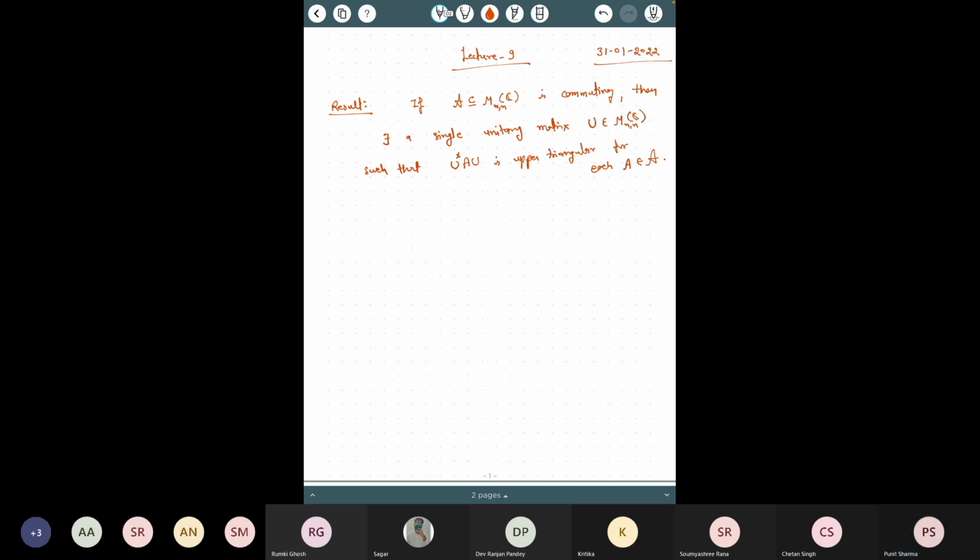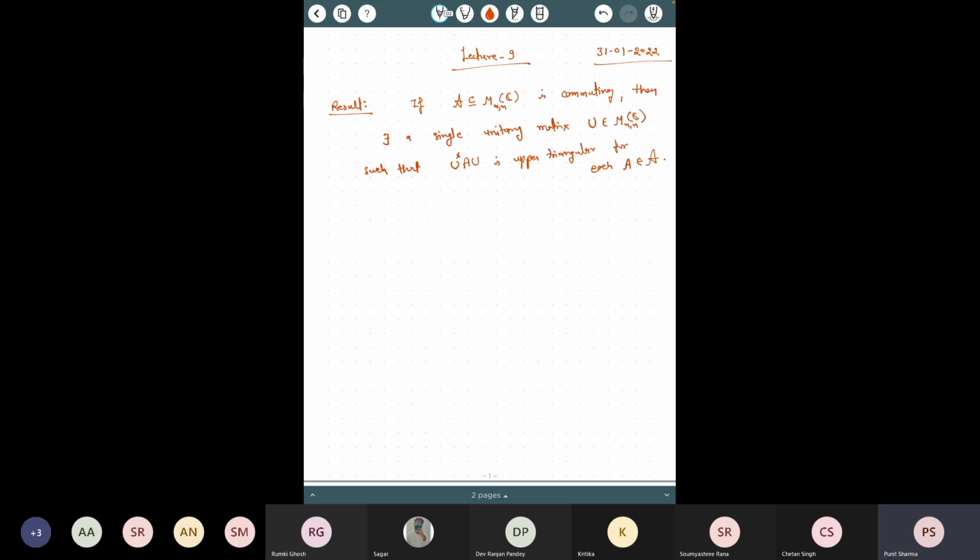in that family. One thing is clear: the converse of this statement, that if you have a family which is simultaneously upper triangularizable, then that family must commute, you can verify. So why is that true? Can you do that?